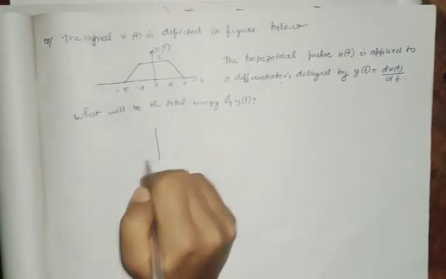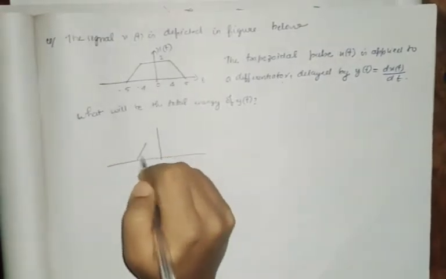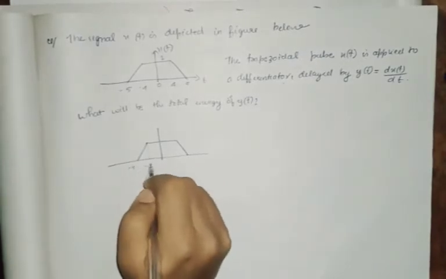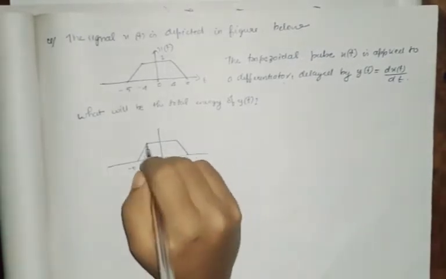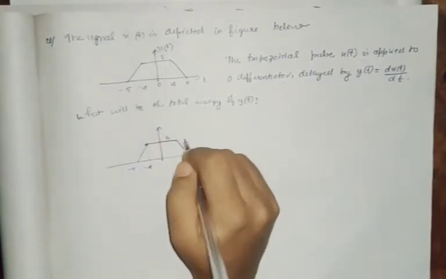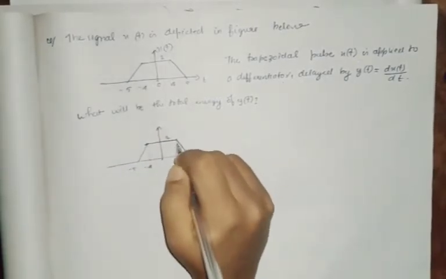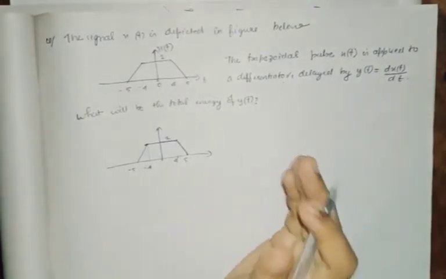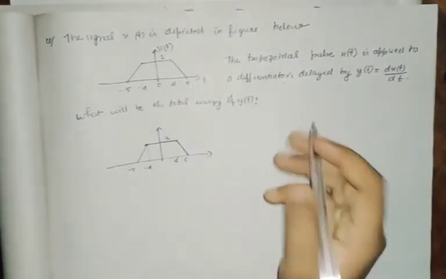Okay, so this is the waveform for x of t. From minus 5 to minus 4, it is a ramp signal. After that, it is a constant, and again it is a decreasing slope. Okay, so we'll write the equation for each interval.